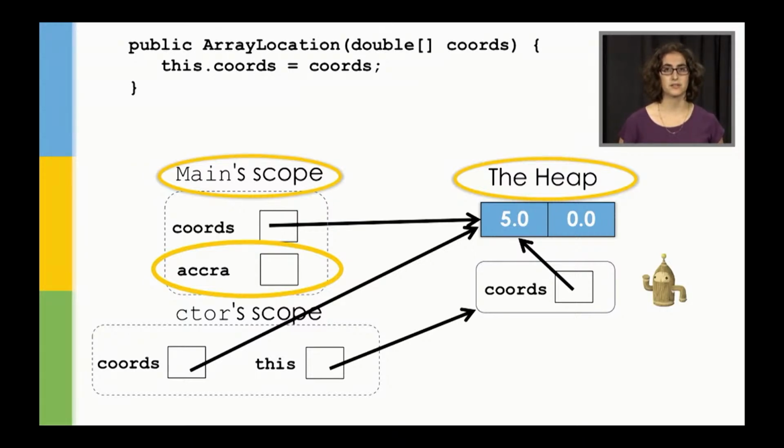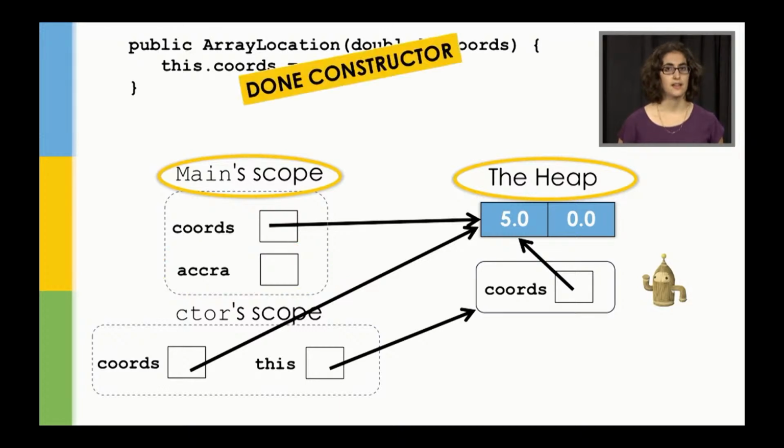So let's think about what's going to happen now that we've executed the one line of code in the constructor and finished with the constructor. So we're done with the constructor, and what happens now is that the reference that was contained in this variable in the constructor gets copied into the variable that gets assigned the new object. Okay, so that yellow arrow is now allowing the variable accra to point to the object that we created in the heap.